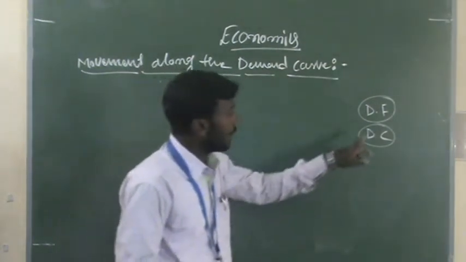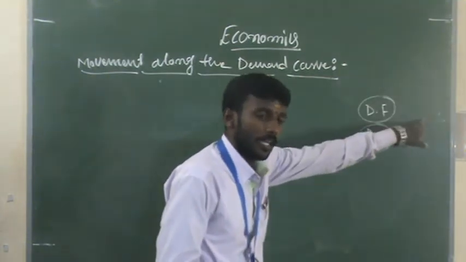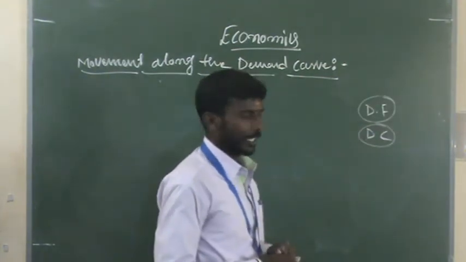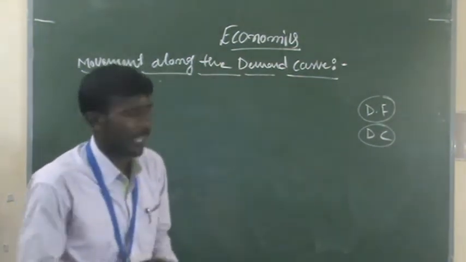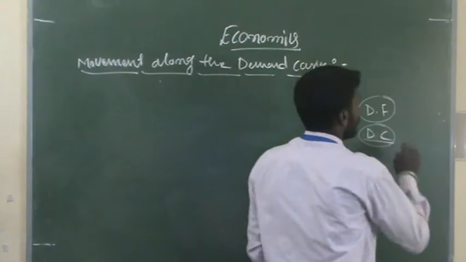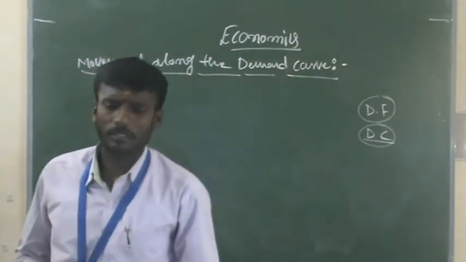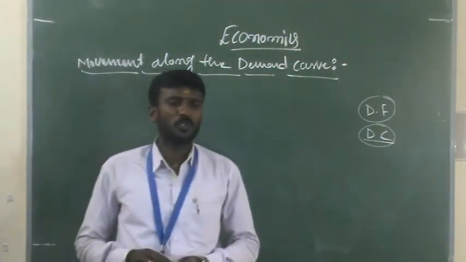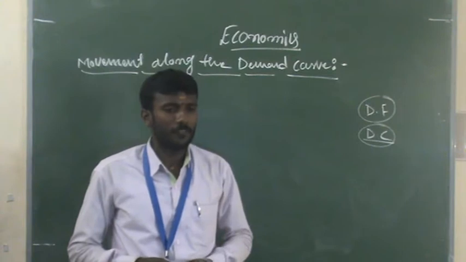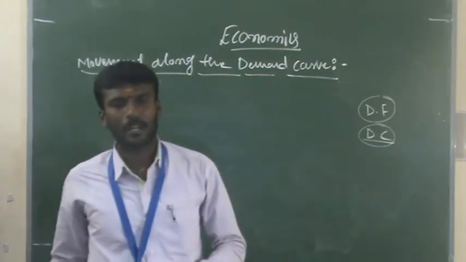The demand curve. Whatever demand function there is, when we represent it in a diagram, what we get is the demand curve. Already you know that the demand function shows the relationship between the price of the good and the quantity demanded when the other things are remaining constant.